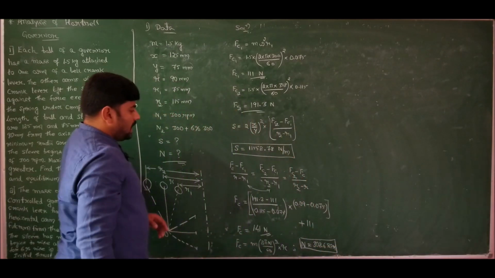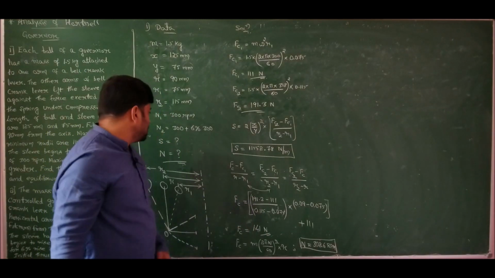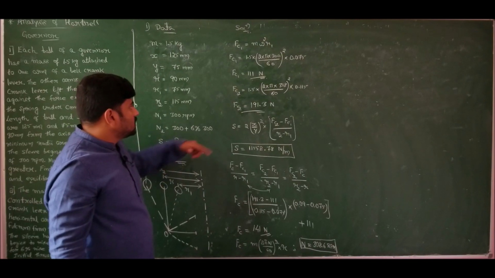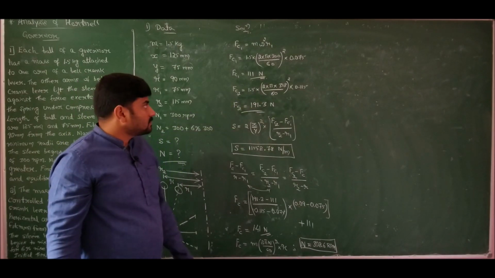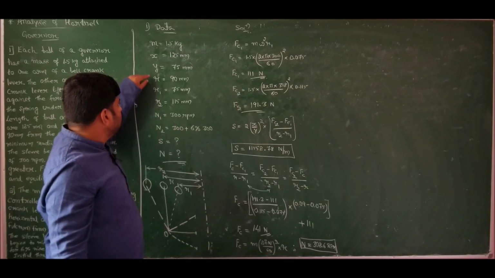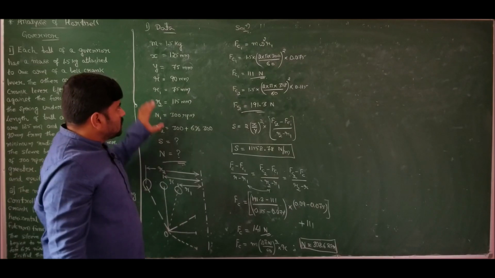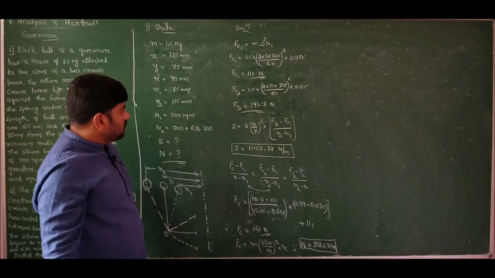So the speeds are: minimum speed is 300, mean speed is 308.6, and maximum speed is 318 rpm. Also the radii: minimum radius is 75, mean radius is 90, maximum radius is 115. So the results are meaningful.